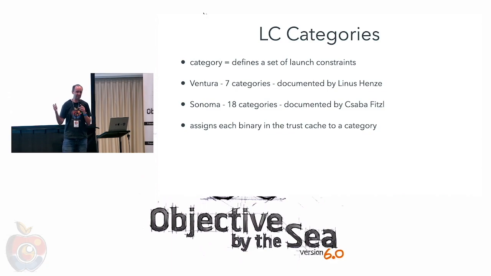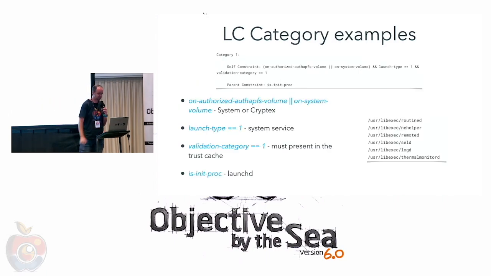And basically, what macOS does, you have all these categories and you assign a binary which is on the system to one of the categories. Now, all the binaries on your system are listed in the trust cache with their hash, and now with the trust cache version 2, you have a new field to store the category number, basically. So it's all in the trust cache.